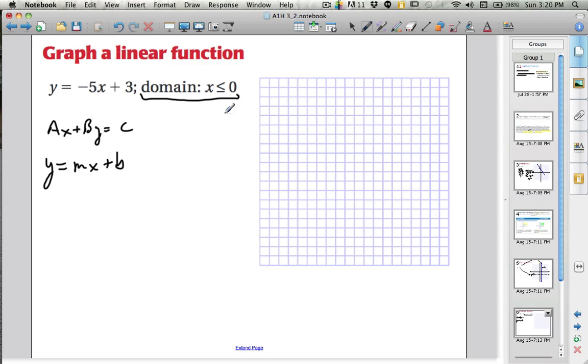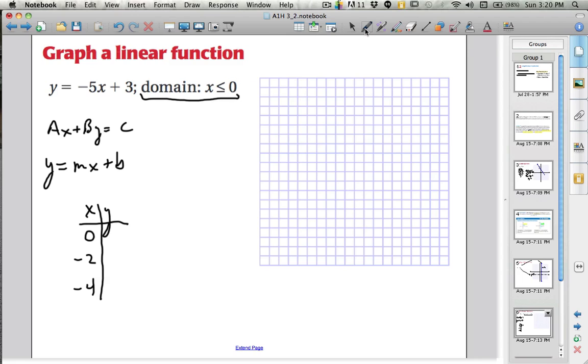This has a domain restriction on it, and I'm going to follow that while I'm putting together my graph. So I'll want to see what happens when x is 0. I'm going to want to see what happens when x is a negative number, and just to be safe, I'm going to find out what happens when x is a smaller negative number. But you'll notice that I'm not doing positive numbers because my domain says that x has to be less than or equal to 0.